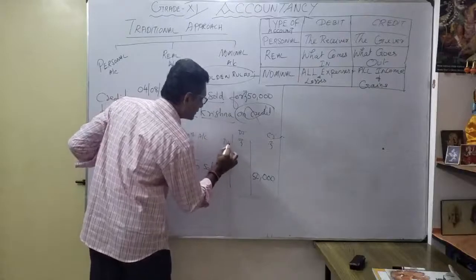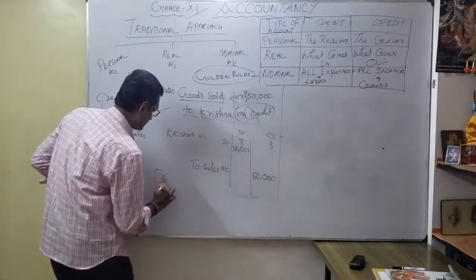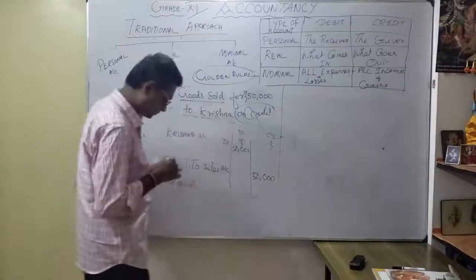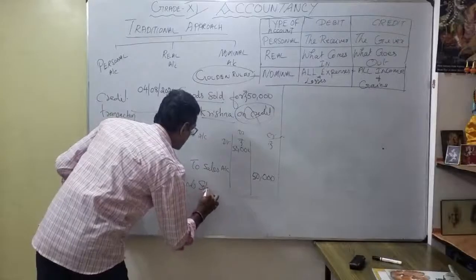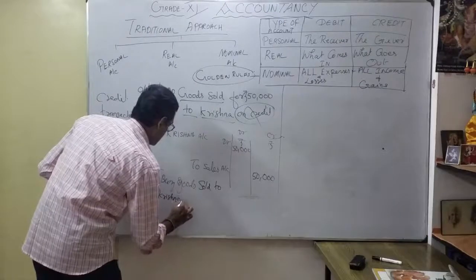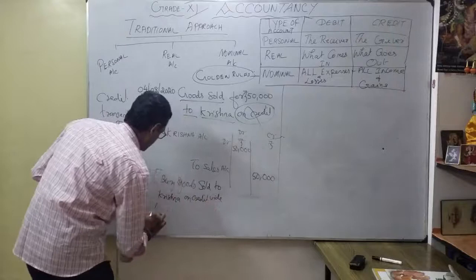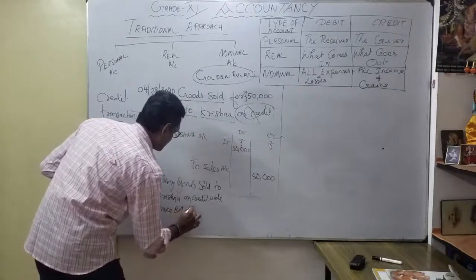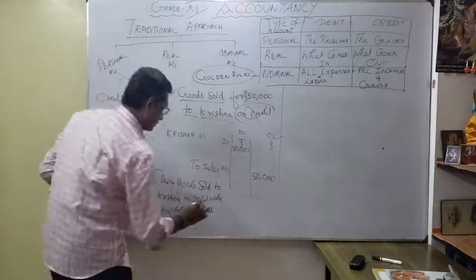See where I am putting it carefully. 50,000. Narration: being goods sold to Krishna on credit, vide invoice bill number, for example 340, dated maybe 4th August.